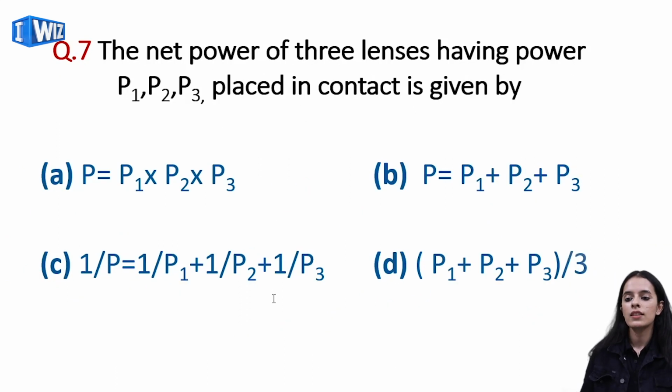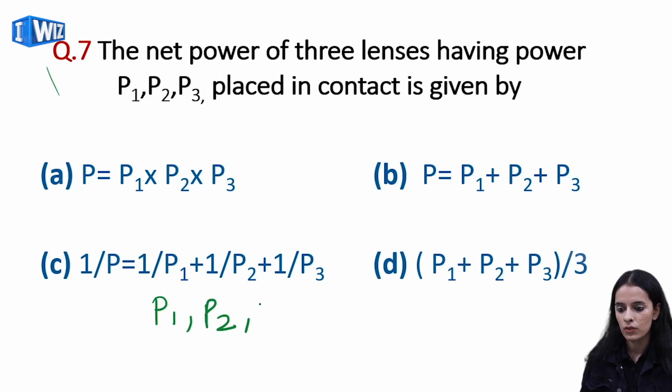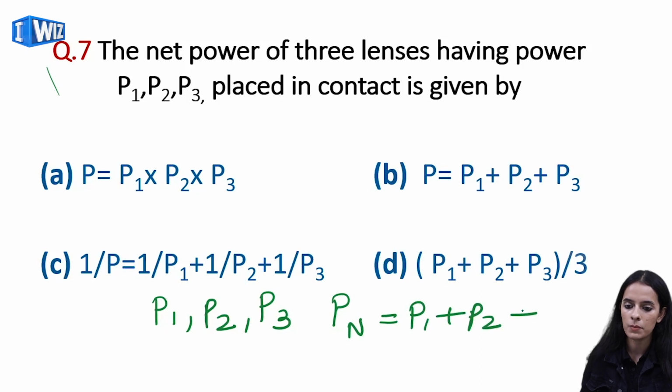The next question is: the net power of three lenses having power P1, P2, P3 placed in contact is given by. The net power will always be the sum of P1, P2 and P3.